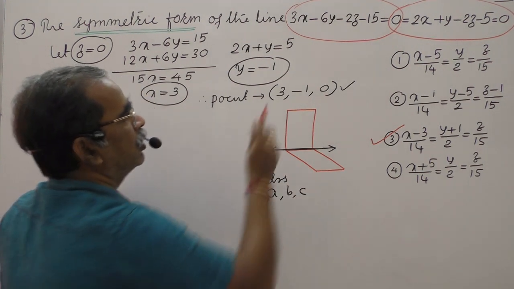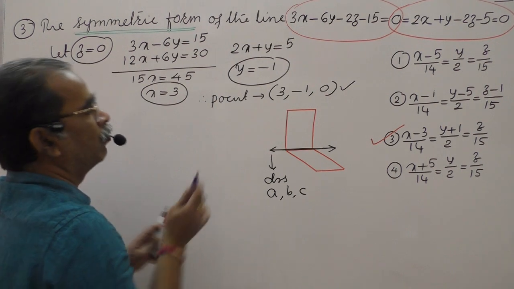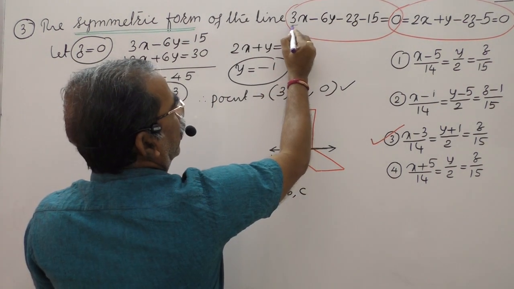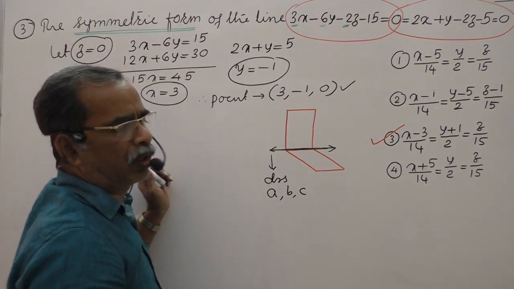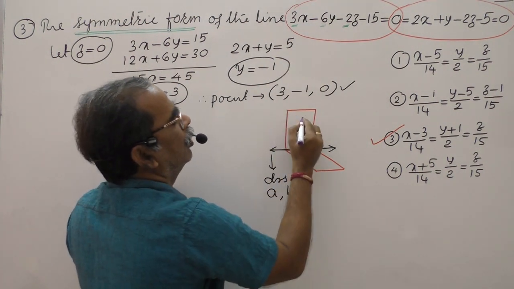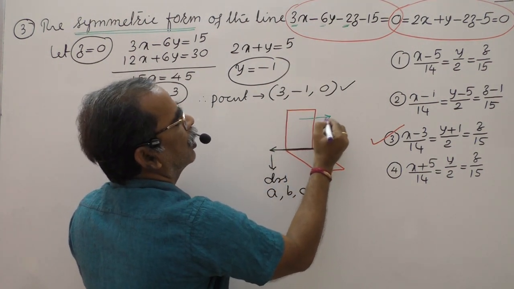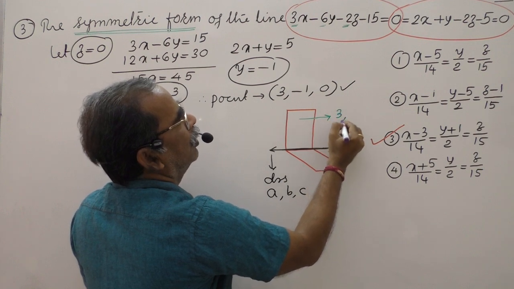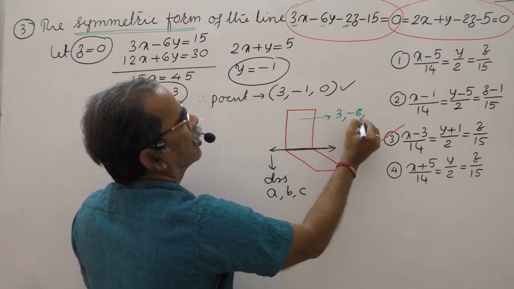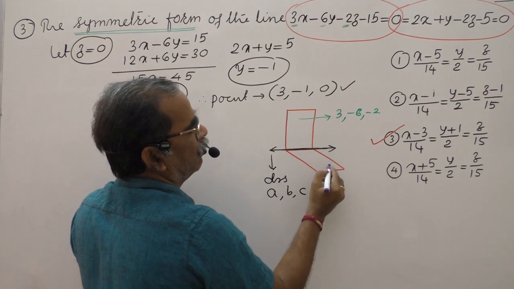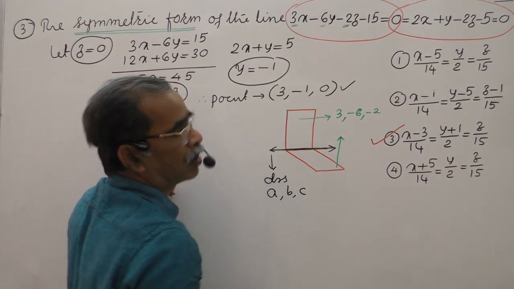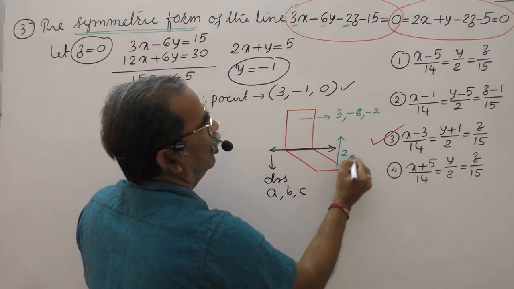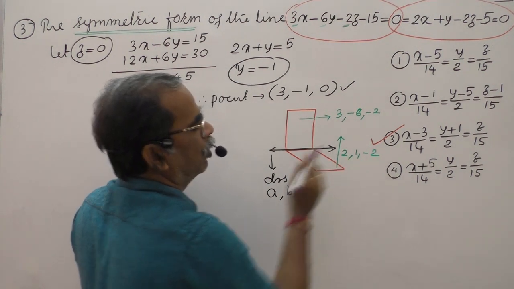So this is the equation of the first plane. In the equation of a plane, the x, y, z coefficients always denote the DRs of its normal. So for the first one, what are the DRs of the normal? 3 comma minus 6 comma minus 2. For the second plane, the DRs of its normal are 2 comma 1 comma minus 2.